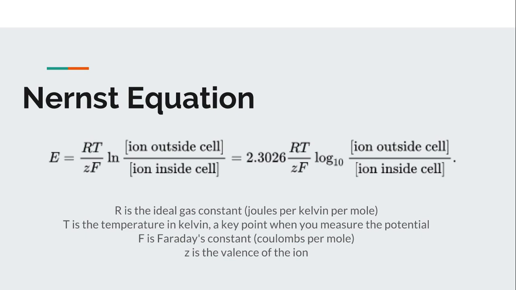And finally, ion outside cell is the extracellular concentration of that ion in moles per cubic meter to match the other SI units, though the units strictly don't matter as the ion concentration terms become a dimensionless ratio.